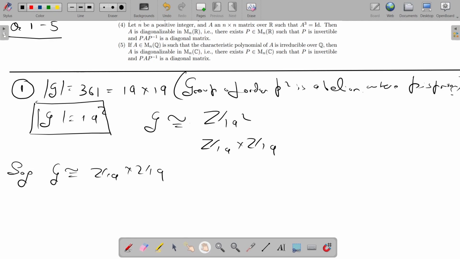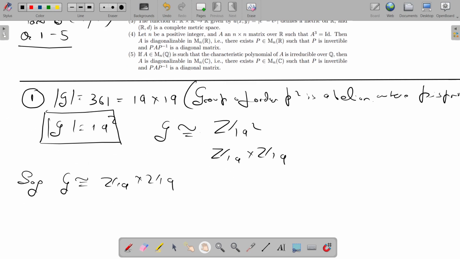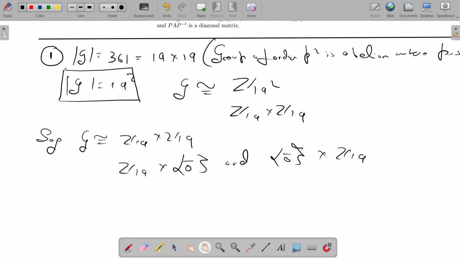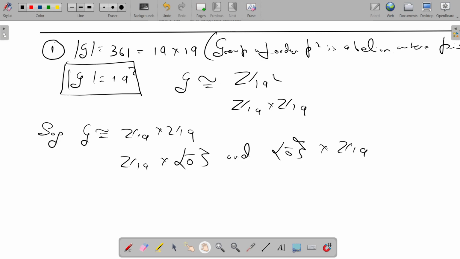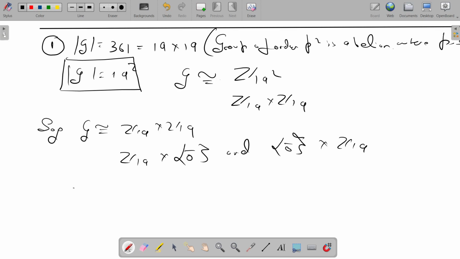It is saying that G has a normal subgroup H such that G by H is isomorphic to H. Very naturally, this will have subgroups like Z19 cross 0. So these are subgroups of this, and we can see if we take a projection map.